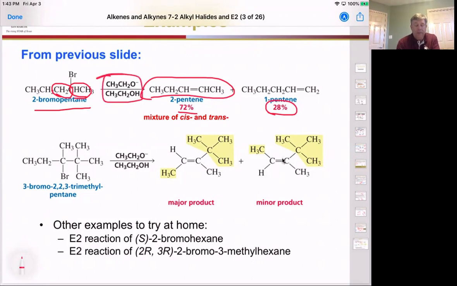So now let's kind of confuse the system. Oh, look, we have a carbon that's beta to this halogen that has no hydrogens on it, right? So we can't eliminate in that direction. We have to eliminate over here.